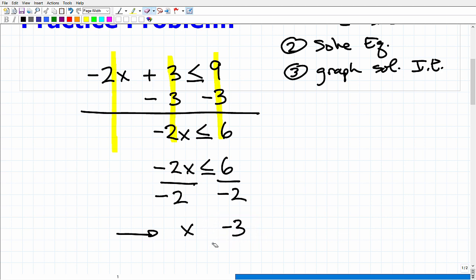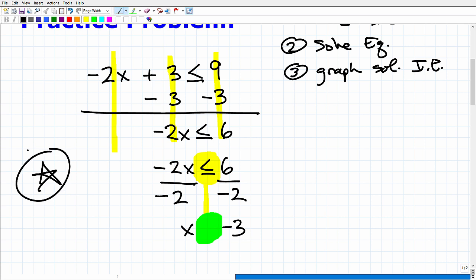So let's adjust this here. Now, we know that negative 2 divided by negative 2 is going to be a positive 1x, and 6 divided by negative 2 is negative 3. I have no problem with that. Here is the problem, and this is where you've got to pay attention when it comes to inequalities.